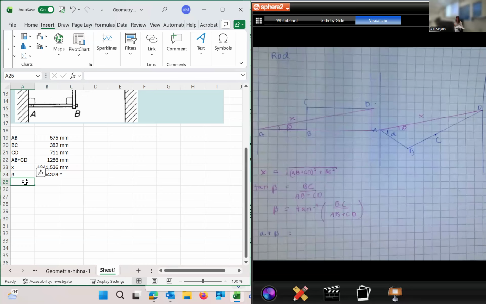Maybe I should first just write the cosine formula there.